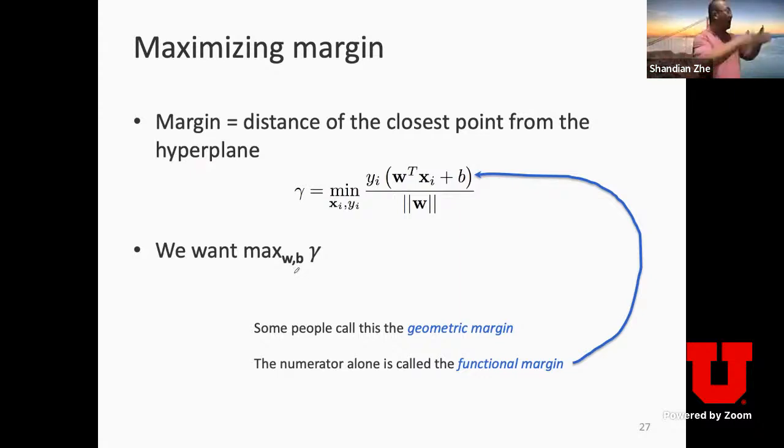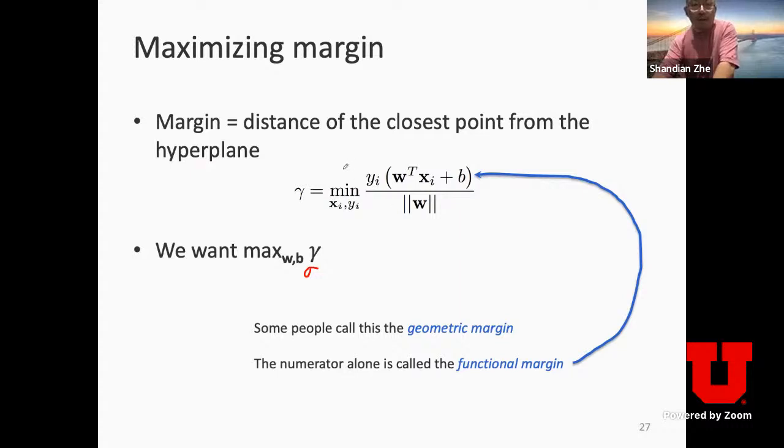W and B decide the position of your hyperplane, right? And on the inside, because we need to evaluate under current W and B what the margin is, we have to do a minimization over all the training data points, right? You want to look at, among all those training data points, which one is closest to the current hyperplane. So this is the most straightforward formulation, right?